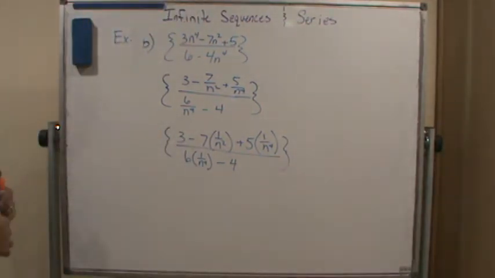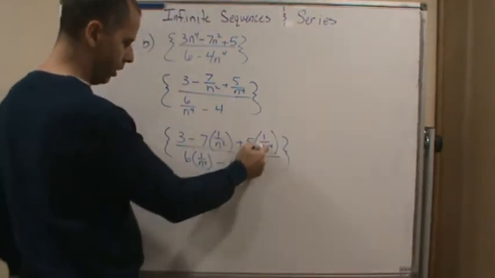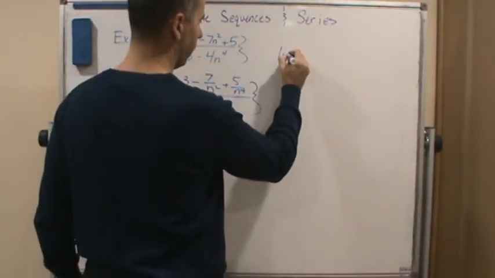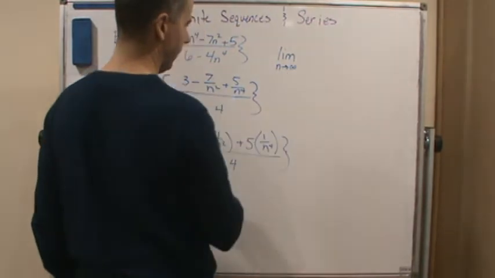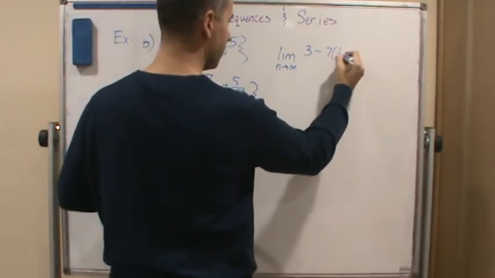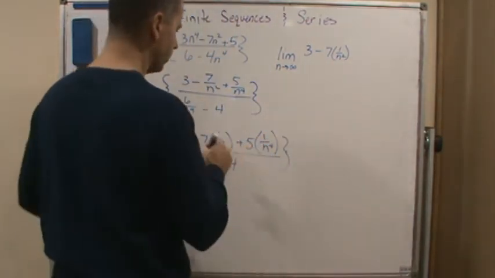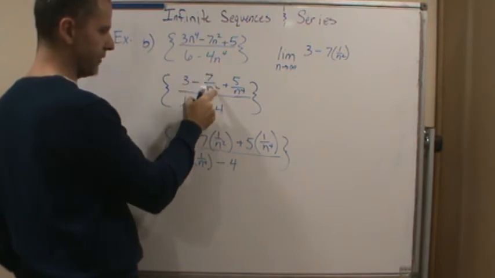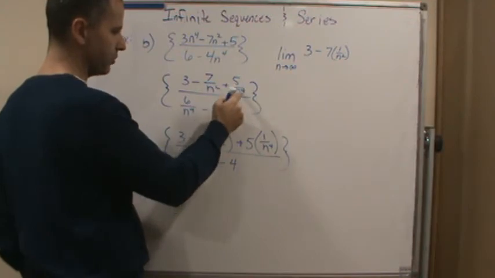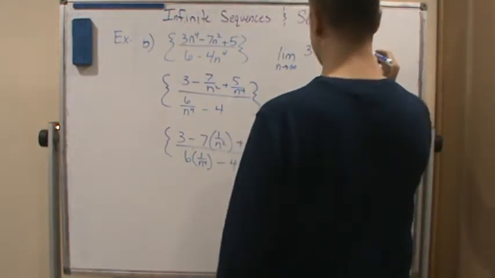So now, we see when we take the limit of this thing, all of these are going to go to 0, and we're going to be left with negative 3/4. Also, as n gets really, really large, we know that 7 over something large is getting smaller. So we can also see that this is going to go to 0. As n goes to infinity, this is going to 0, and this whole thing is going to 0.